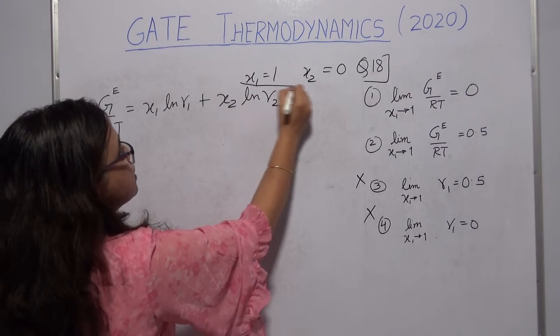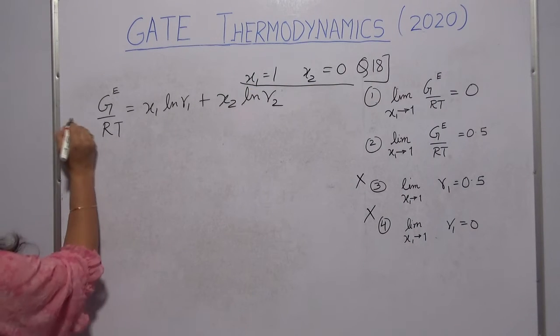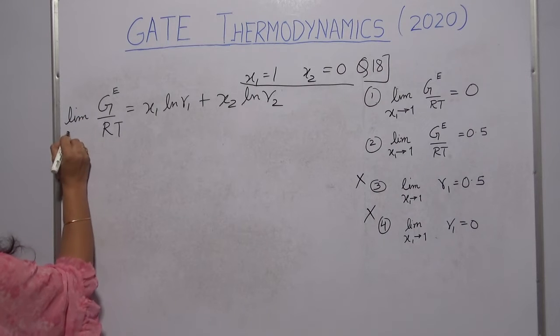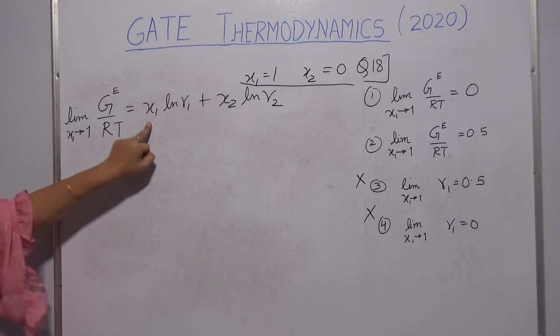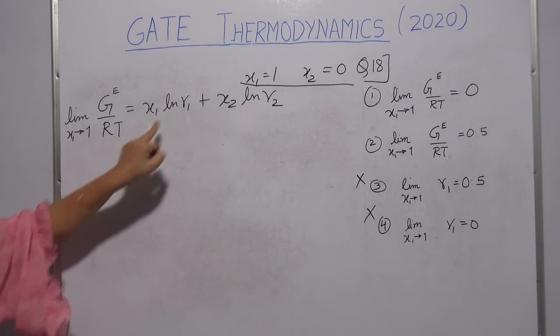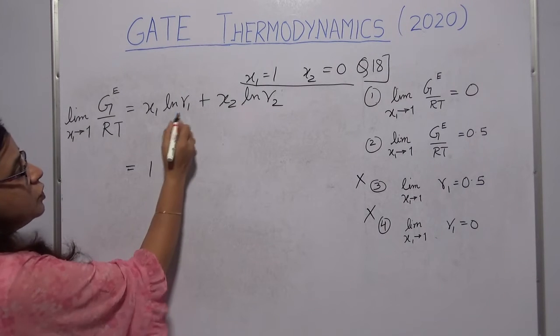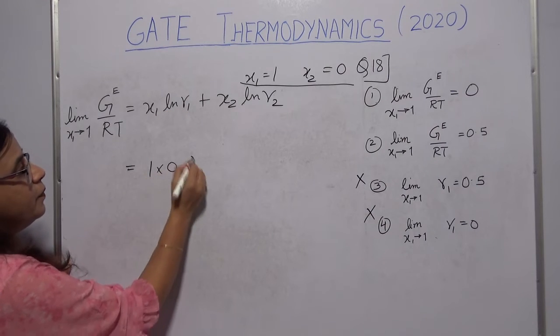Now you have to find out the limit when x1 tends to 1. Just now we had seen that your gamma 1 tends to 1, so when your x1 tends to 1, your gamma 1 tends to 1 and ln of 1 is nothing but 0.